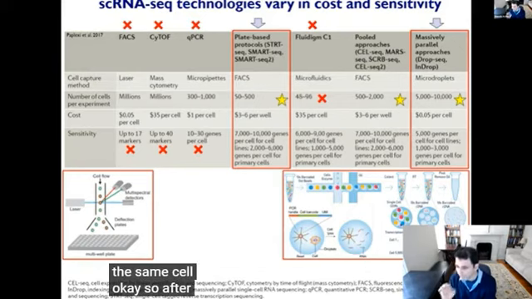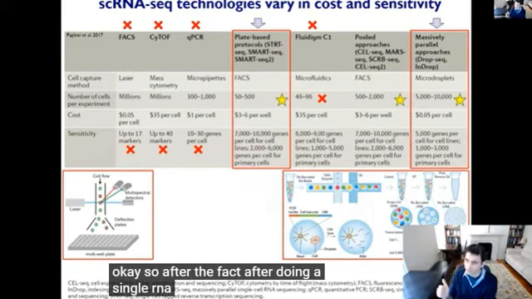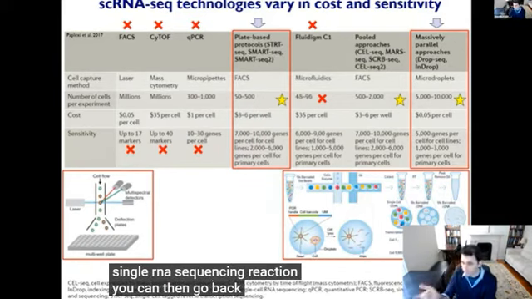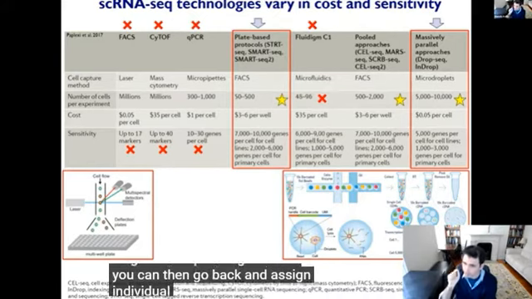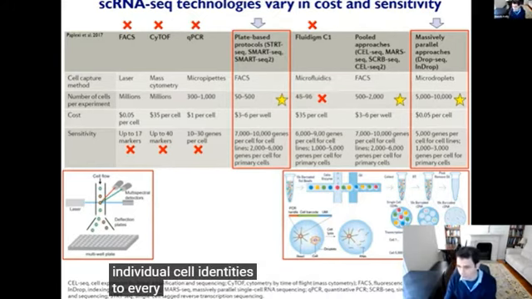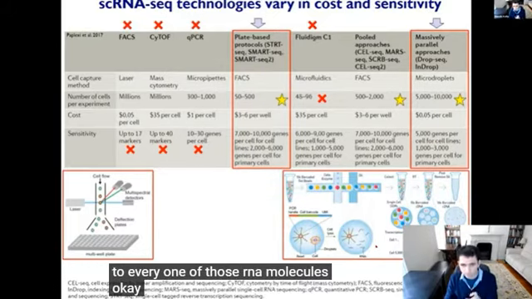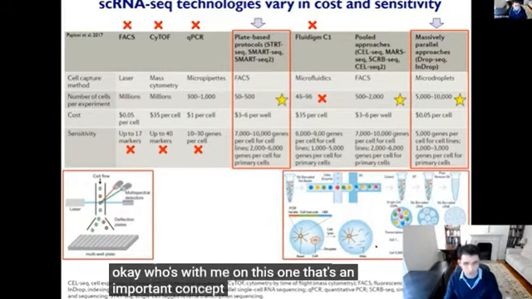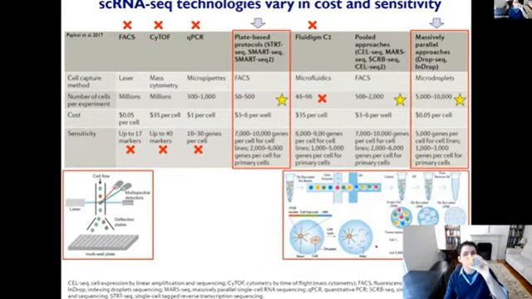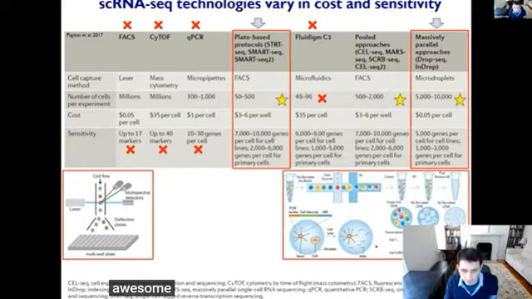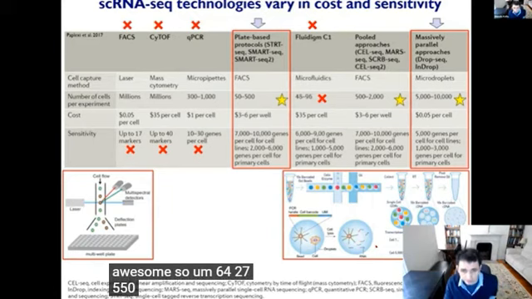So after doing a single RNA sequencing reaction, you can then go back and assign individual cell identities to every one of those RNA molecules. Who's with me on this one? That's an important concept. Awesome. So 64, 27, 550.